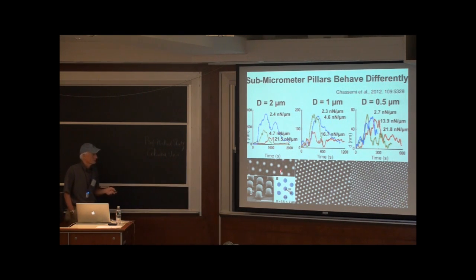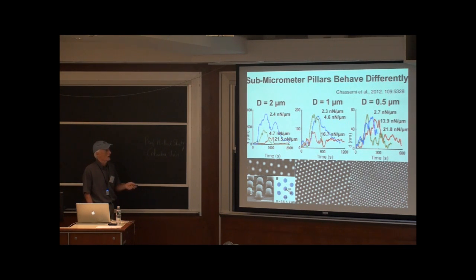So the important difference here between the 2 and the 1/2 micron pillars was that there appeared to be roughly constant force per unit area on the large pillars, i.e. that the soft ones were displaced much more than the hard ones.